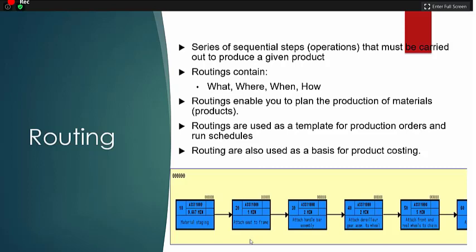If you know the operations that you will do on the material to produce it, and the time for each operation, this means you can calculate the cost, not all the cost, but the cost of the operations, because you also need the cost of the material. So the routings give you the cost of the operations that you will do on the product. Is it clear?